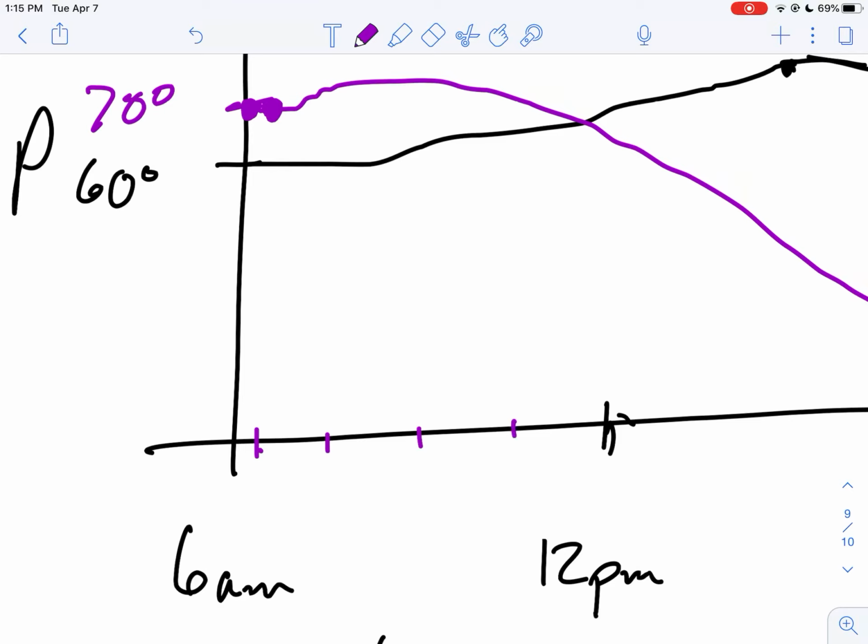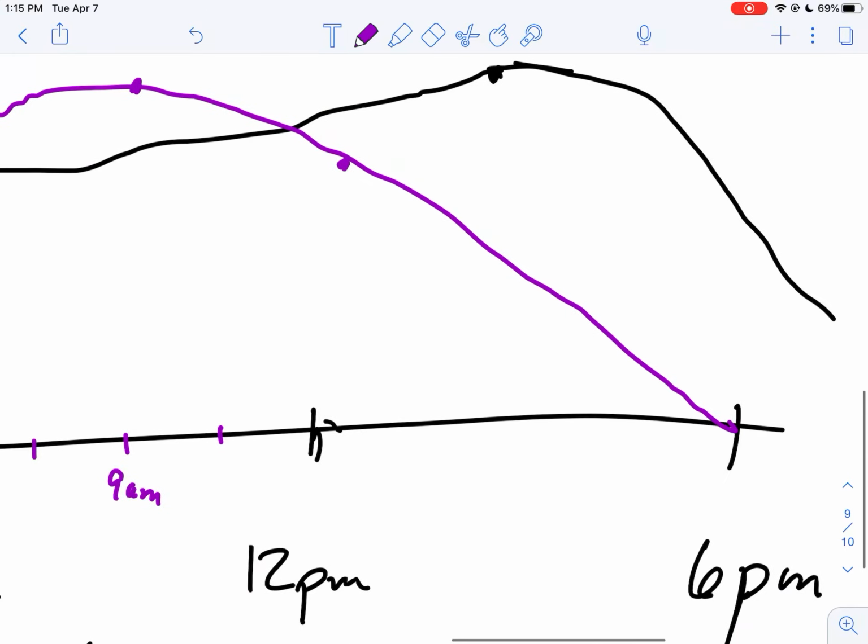And then here, let's actually drop in some more times. Halfway between 6 and noon would be 9 a.m. And then you get the idea. At 9 a.m. we have a temperature, maybe this is 73 degrees. At noon we have a temperature here of maybe 60 degrees.